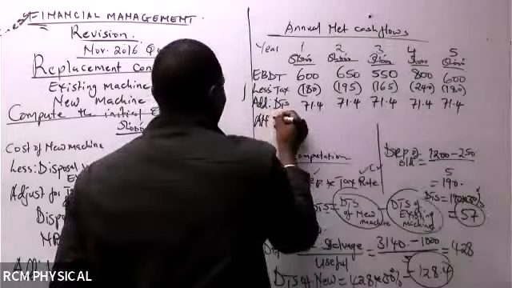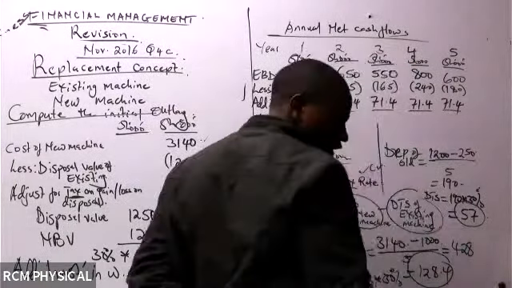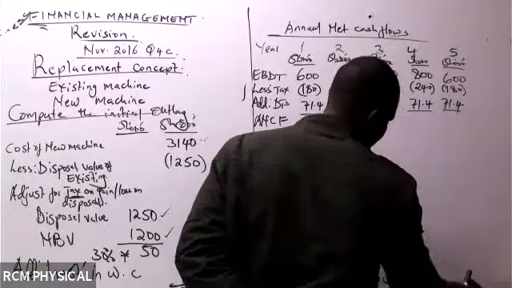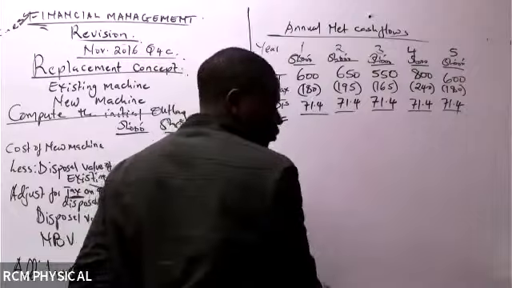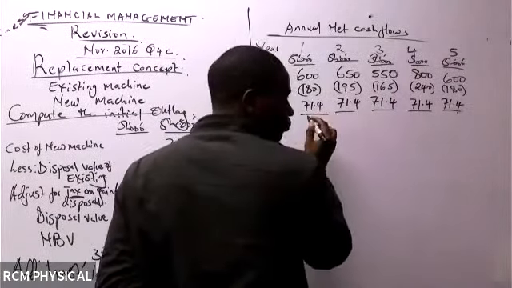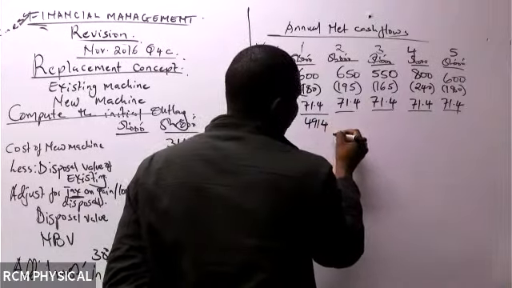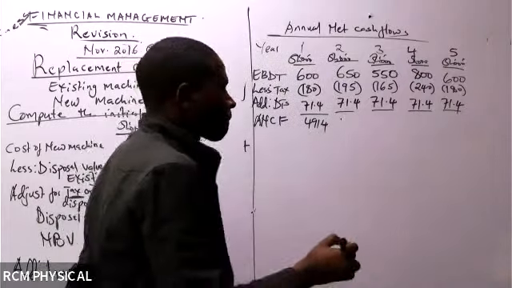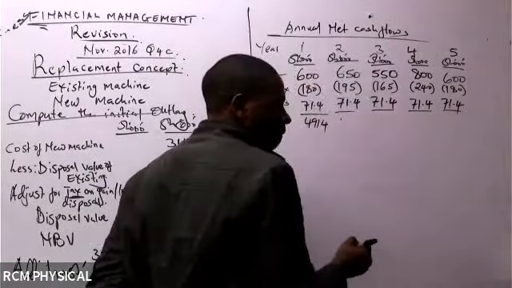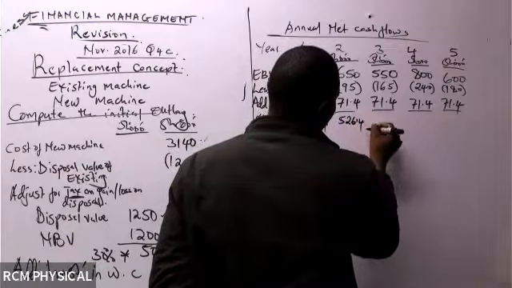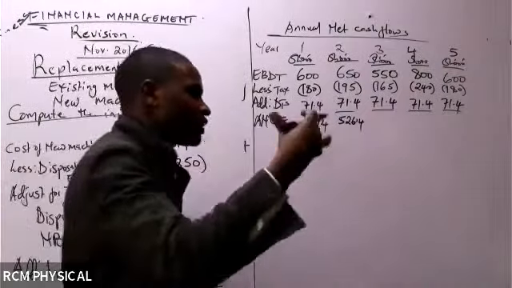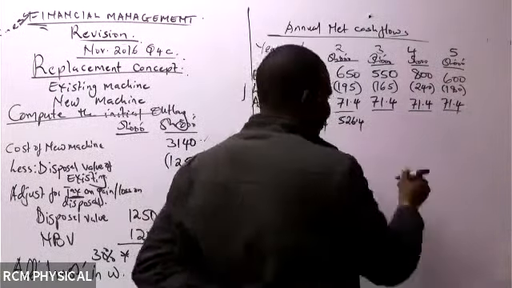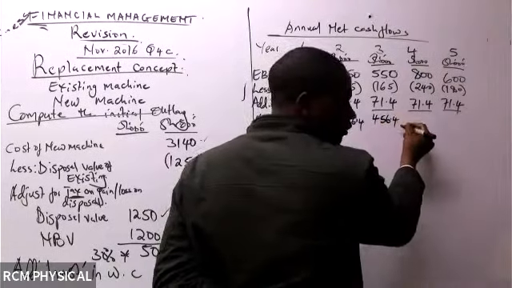And we get our annual net cash flow. Annual net cash flow for the first year is 491.4. 491.4 for the second year. For the third year, 456.